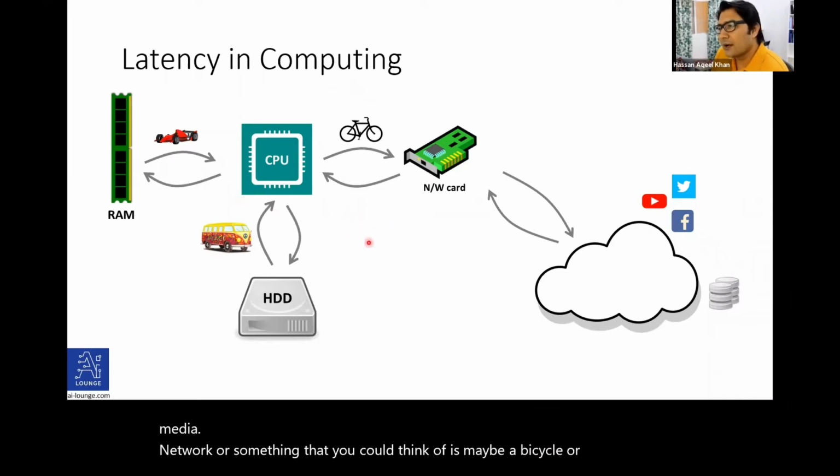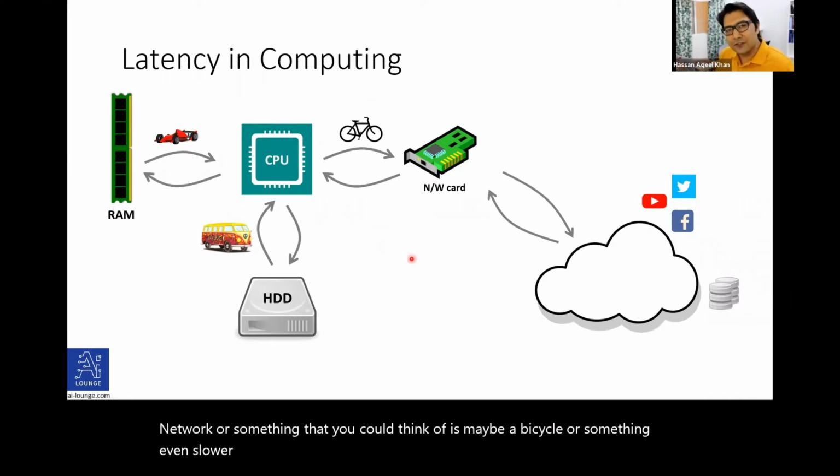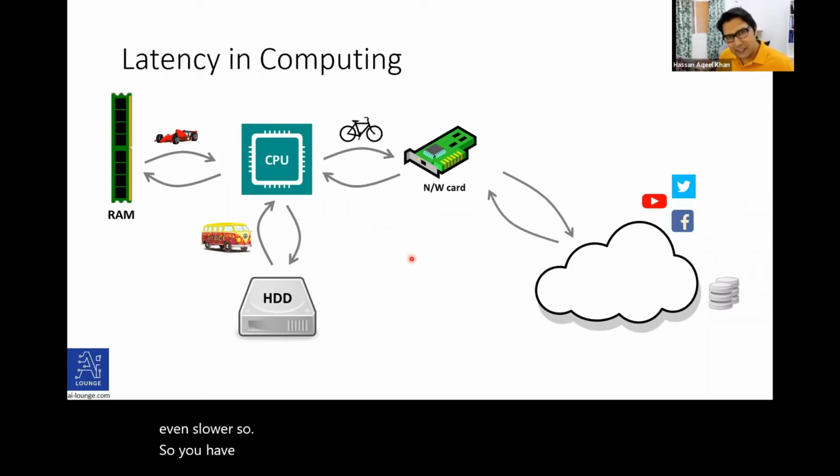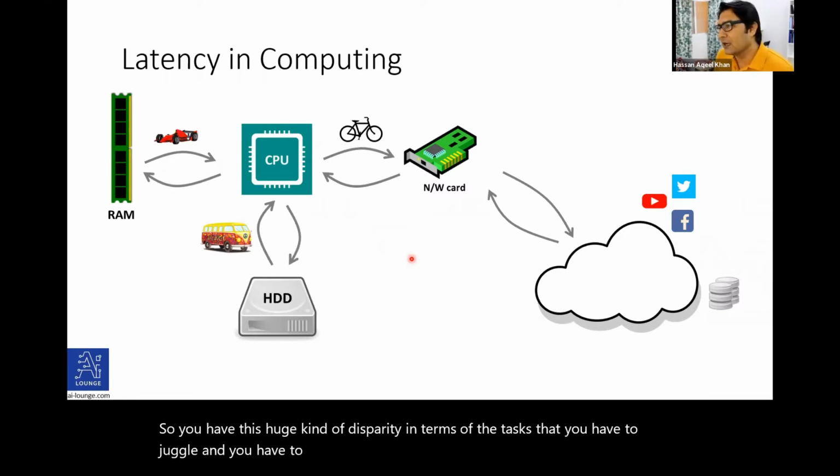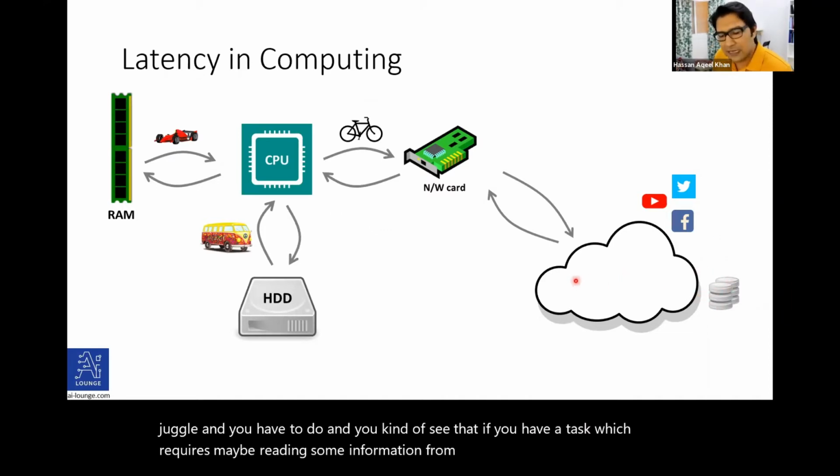So you have this huge disparity in the tasks that you have to juggle. If you have a task which requires reading some information from a database on the cloud, it's going to really slow things down.